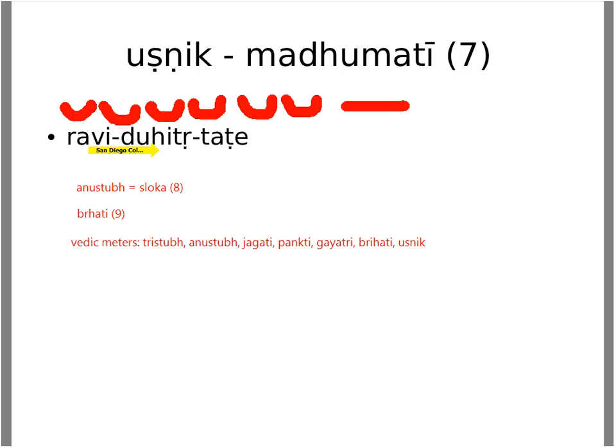So there are examples of meters going all the way up to 26 syllables, and there are some with 27 or more syllables. An example of a verse with more than 27 syllables per foot goes like this.